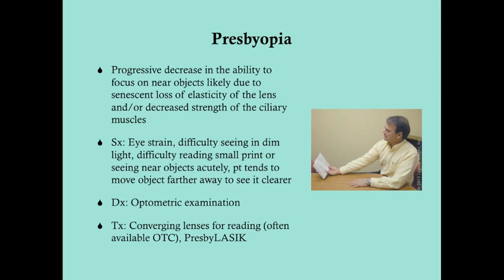You need to be able to pull the lens. And with presbyopia, you have a progressive decrease in the ability to focus on near objects, and that's because of a loss of elasticity of the lens or a decrease in strength of the ciliary muscles. And so both of those are important for accommodating, for seeing things up close.